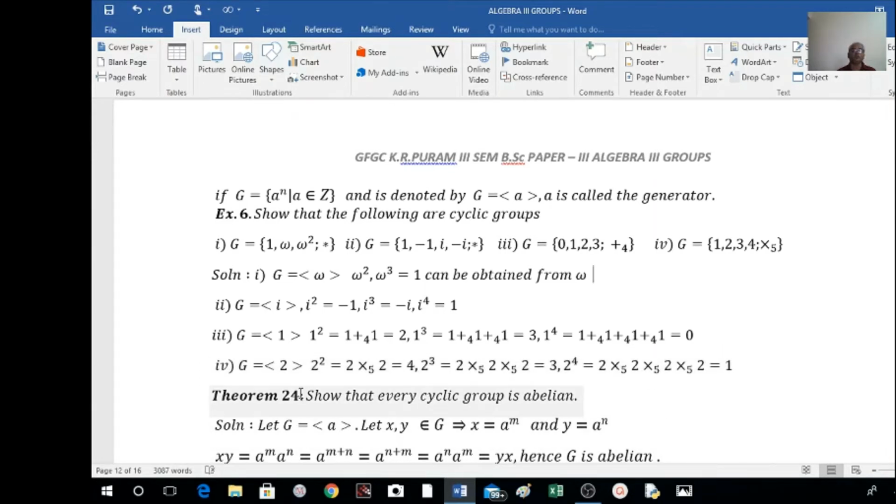So from 2 I am getting 4, 3, 1. All these elements can be obtained from 2. Therefore 2 is the generator, and G is a cyclic group generated by 2.